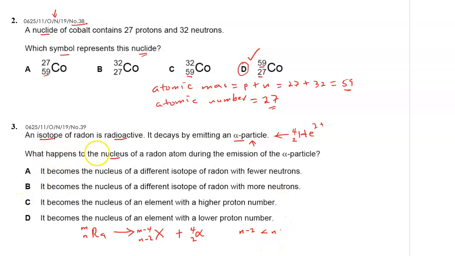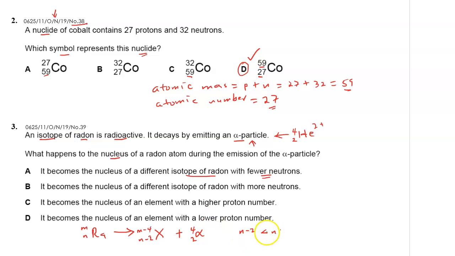So what happens to the nucleus of the radon atom during the emission of an alpha particle? Option A says it becomes the nucleus of a different isotope of radon with fewer neutrons. That is not entirely true, because it is already radon.